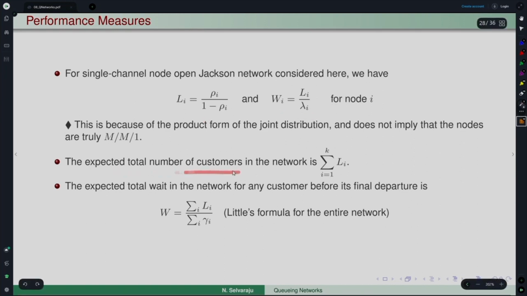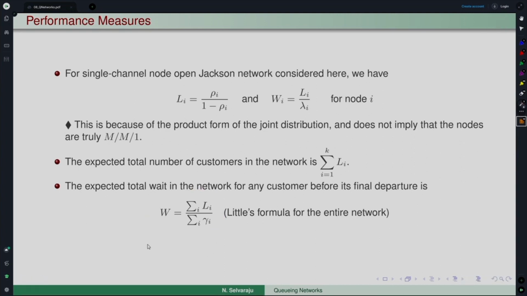Then the expected total number of customers in the network is this, and the expected total wait in the network for any customer before it finally departs is W, which is given by the expected total number in the system divided by the total arrival rate to this network, which is basically Little's formula for the entire network.